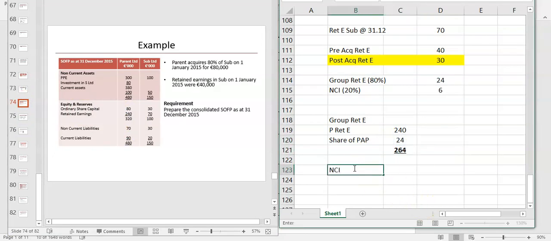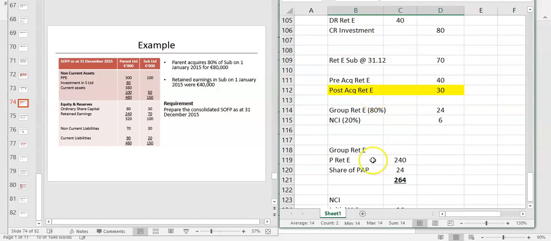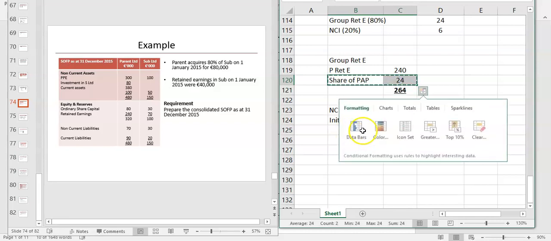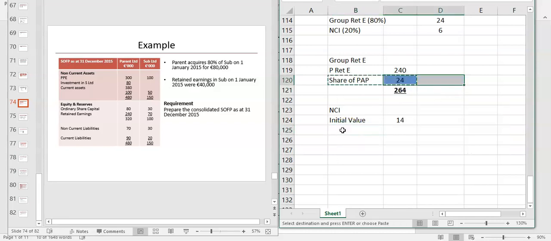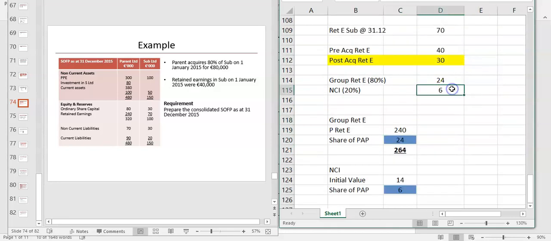The NCI at the year end is made up of the initial value, which was 14, coming back from up here. We initially valued the NCI in January at 14, and now their share of post-acquisition profits is 6. And that 6 is coming from up here.